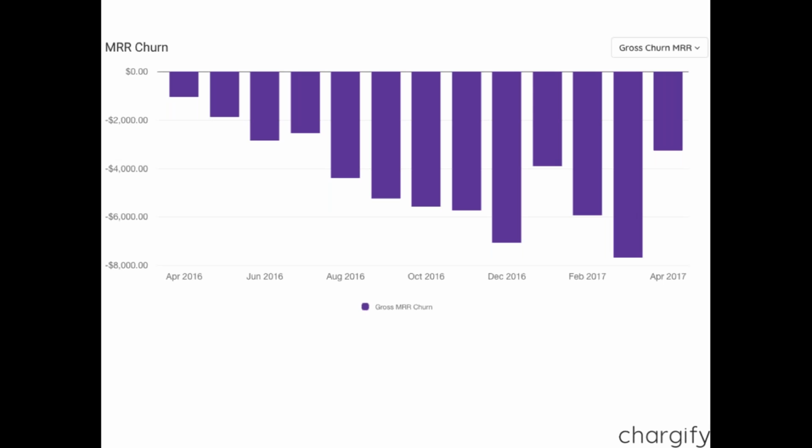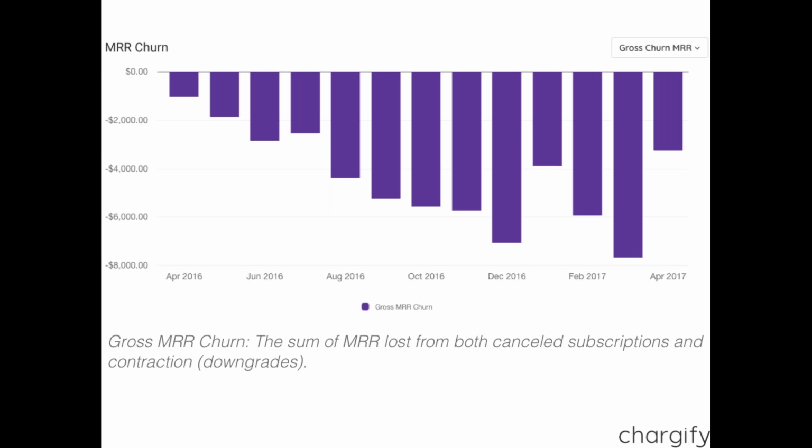And then we have the gross churn MRR, which is the sum of MRR lost from both canceled subscriptions and contractions, your downgrades. So this is your total loss. The churn MRR and contraction MRR divided by the start of period MRR.